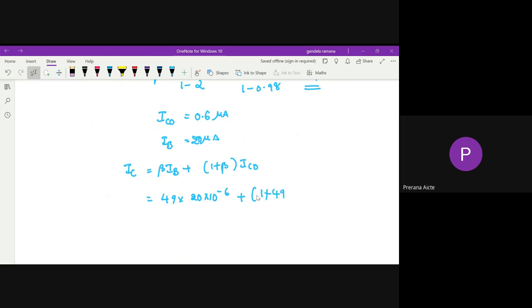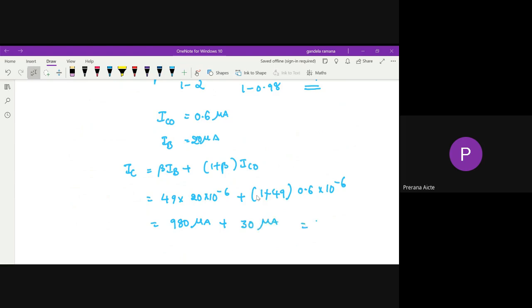1 plus 49. The IC naught value is 0.6 into 10 power minus 6. So these two give 98, so 980 microamperes, plus 50 into 0.6, so 30 microamperes.